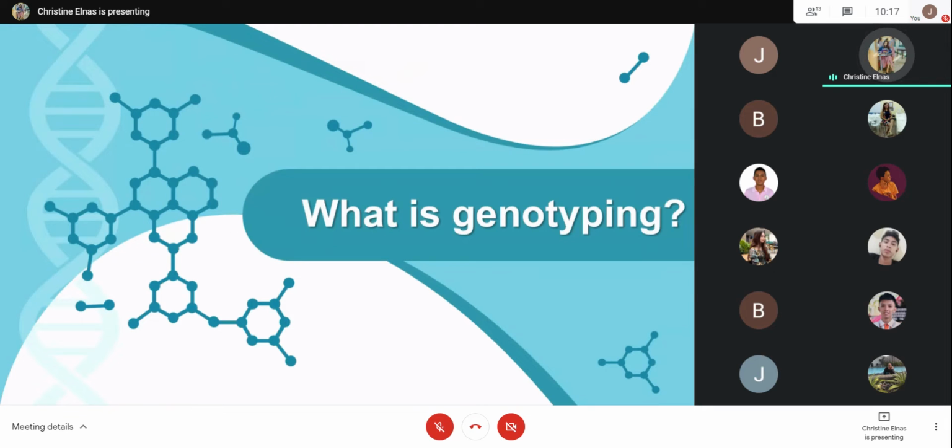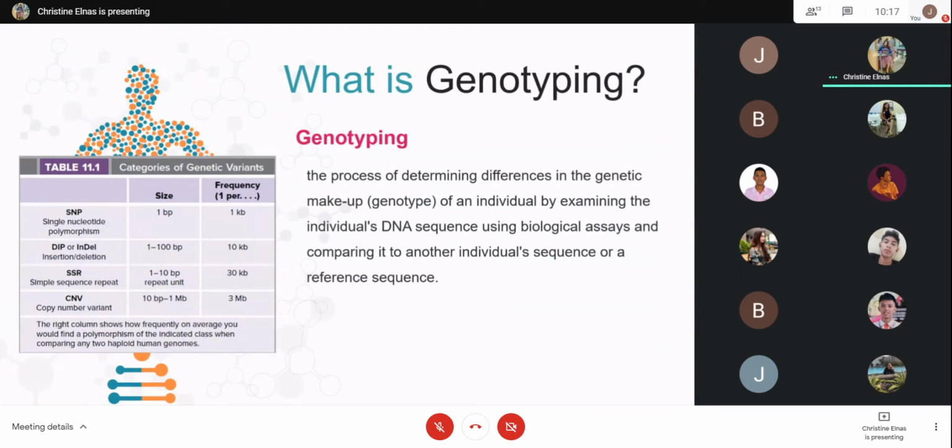So, what is genotyping? Genotyping is the process of determining differences in the genetic makeup, or the genotype, of an individual by examining the individual's DNA sequence using biological assays and comparing it to another individual's sequence or a reference sequence.